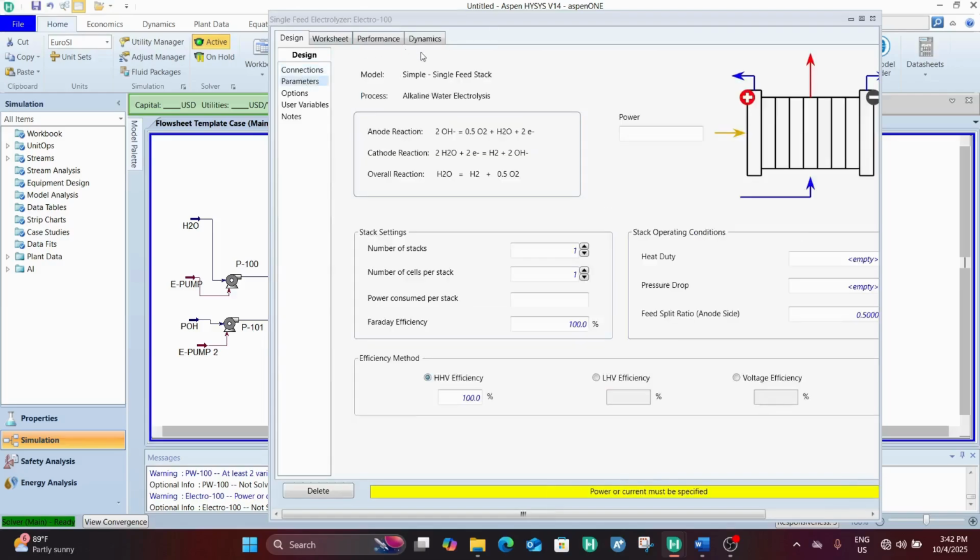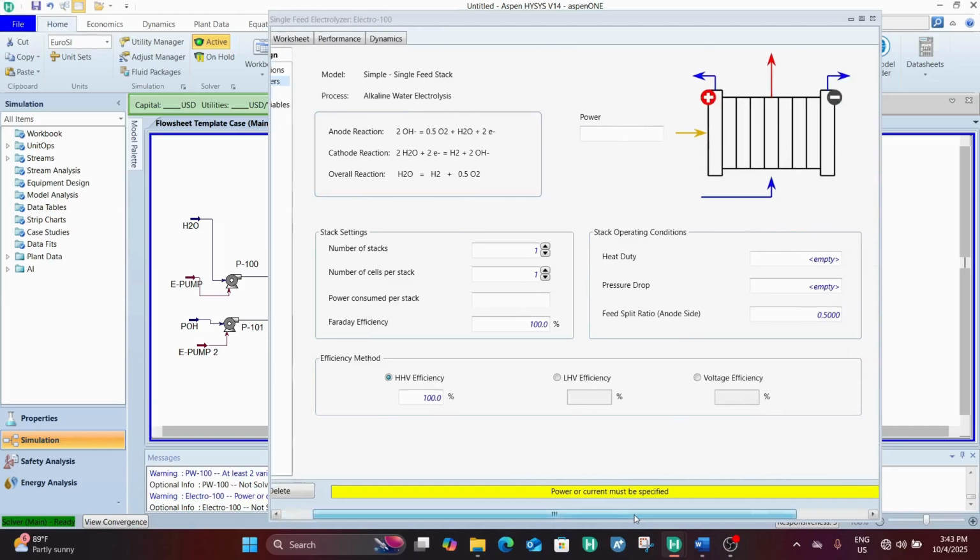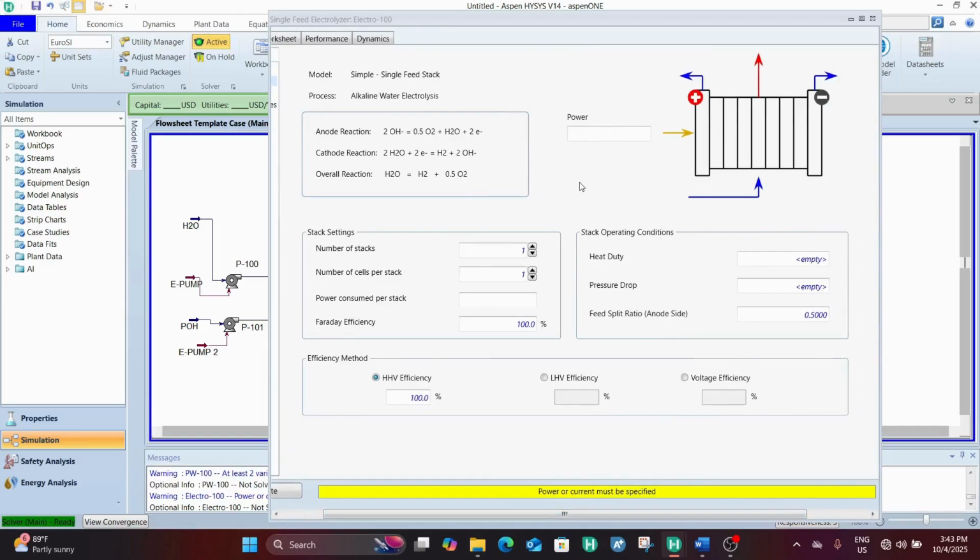Now for the parameters, this is where we specify our power. We were not given information regarding the power we need for our electrolyzer, so we have to do a bit of research or trial and error. We were given the number of cells, 200 cells per stack.